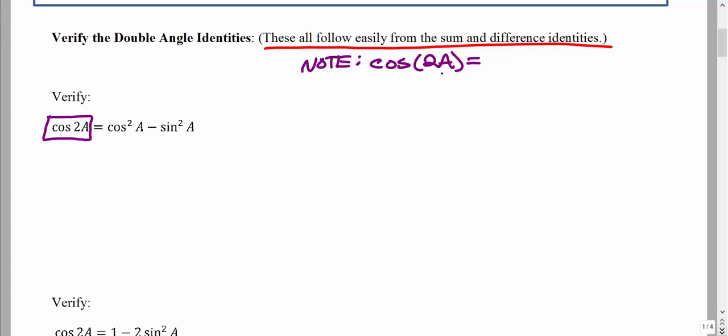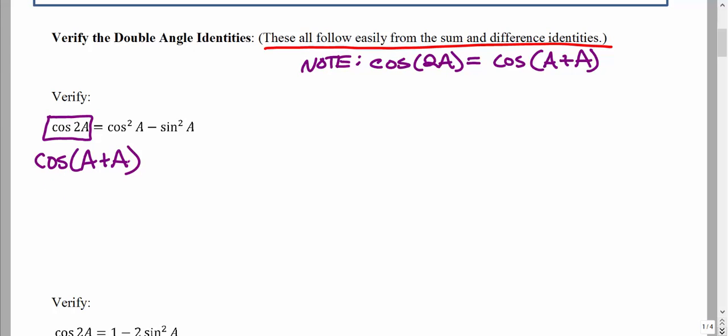If 2A is the input to any trig function, this is the same thing as cosine of A plus A. Without changing what's on the inside, we can rewrite it as an angle plus itself, which is the same thing as 2A. So we rewrite this as cosine of A plus A.